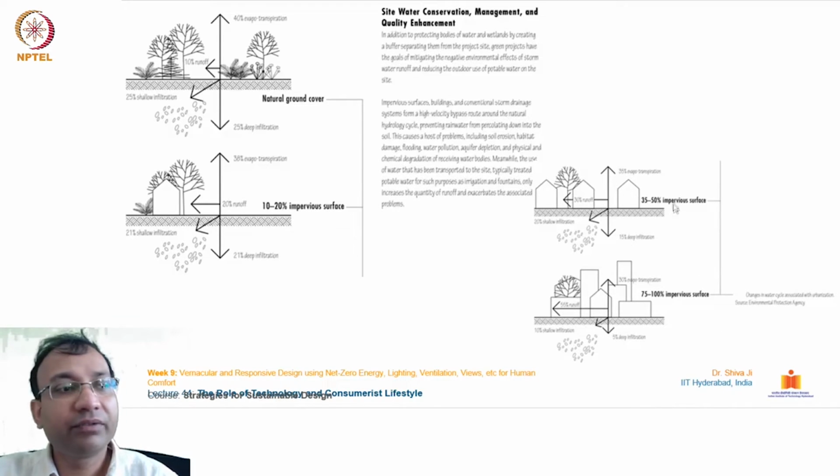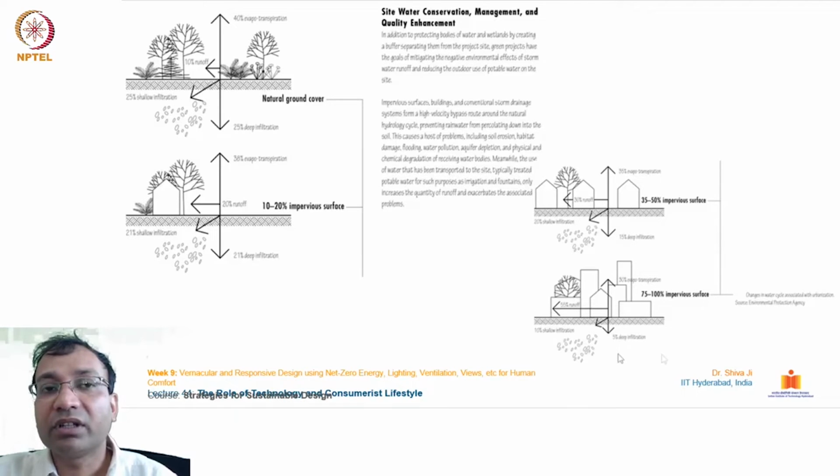Further, in this illustration, there is a 35 to 50% impervious surface at ground level. So the runoff has increased to about 30%, and shallow and deep infiltration are respectively 20 and 15% only. Whereas in this last one, where the impervious surface is 75 to 100%, the runoff is more than 50%, at 55%, and deeper and shallow penetration are only 10 and 5%.